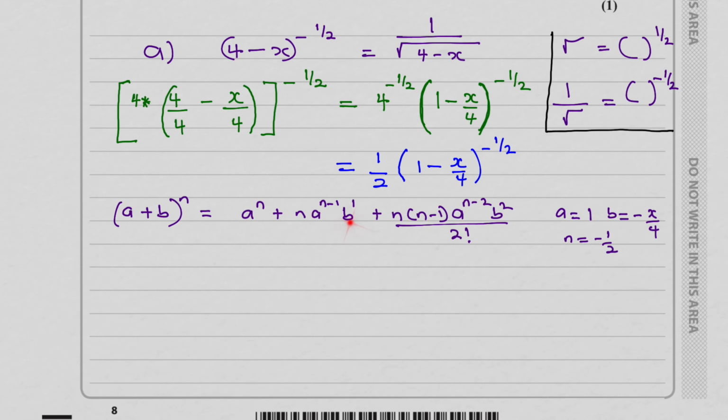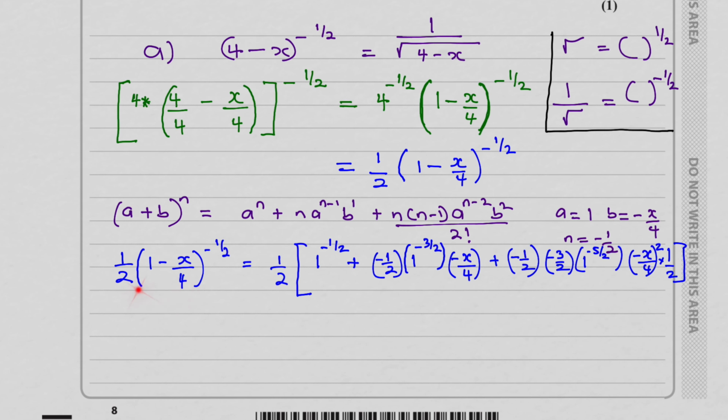So we need the first 3 terms, where a is 1 in our case, b is minus x over 4, and n is the power minus a half. So we just want to replace this into here. So this is what we're expanding, and the half is just outside the bracket.